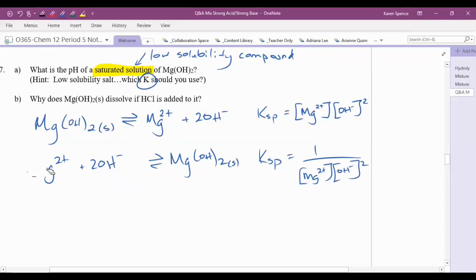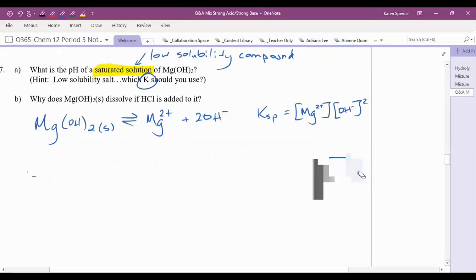So when we're doing a Ksp, the solid is always going to go on the left. That's as opposed to a precipitation reaction where the precipitate is the product and then we put the solid on the right. But for this one, we're going to do that. All right. We have that and we want to know the concentration of hydroxide.